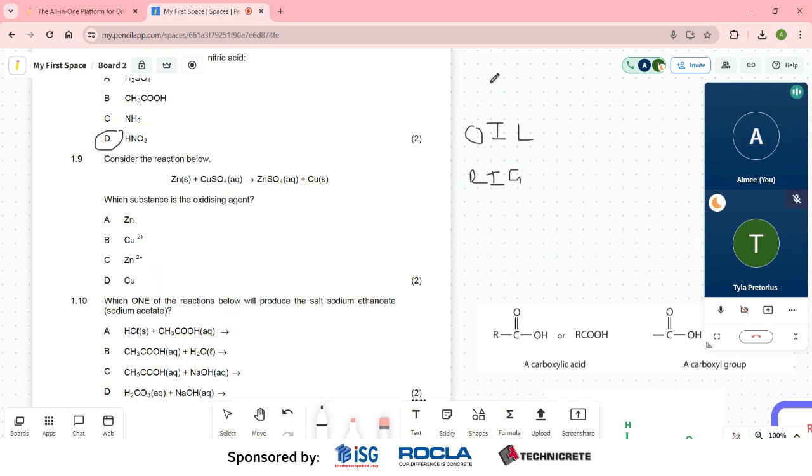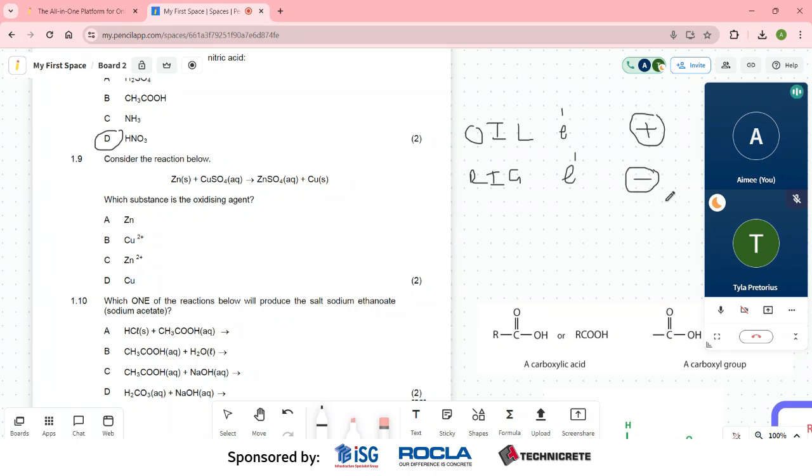And what it means is oxidation is the loss of electrons. So basically, becoming more positive. If you're losing electrons, you're becoming more positive. And reduction is the gain of electrons, which is becoming more negative.